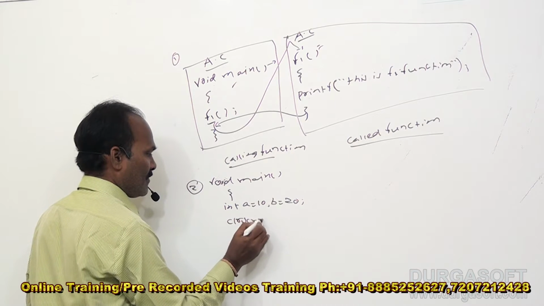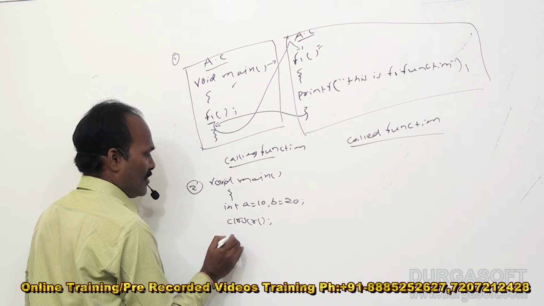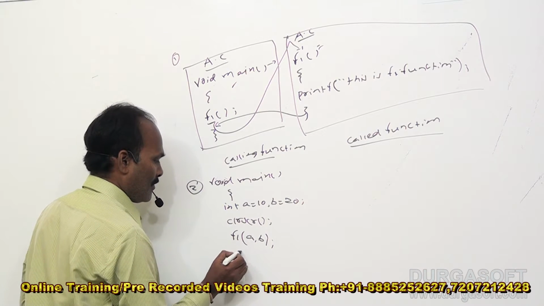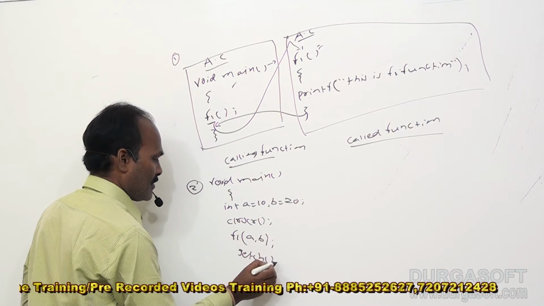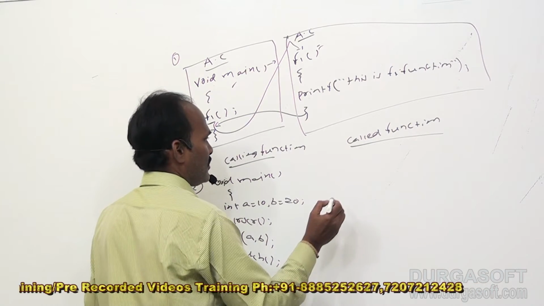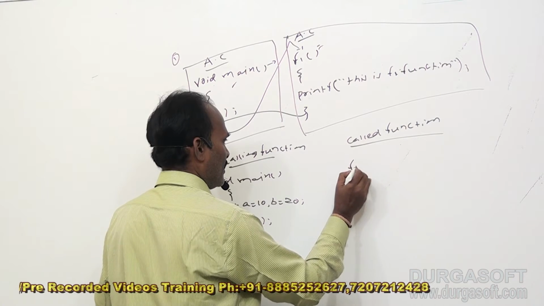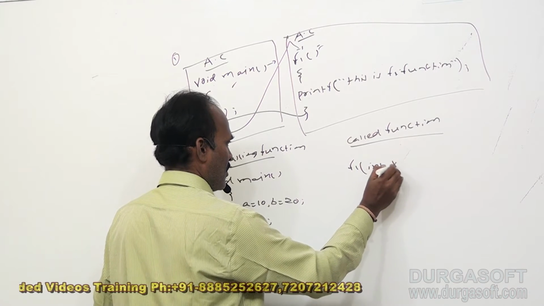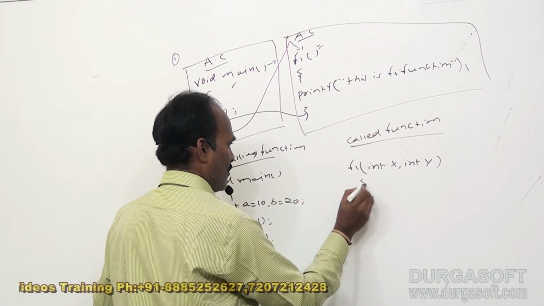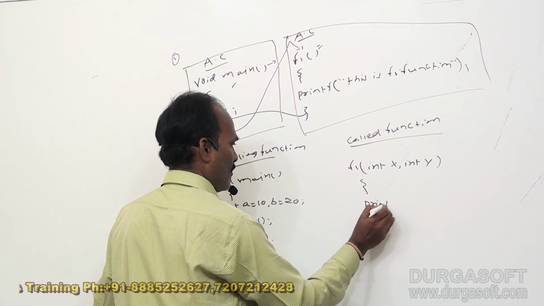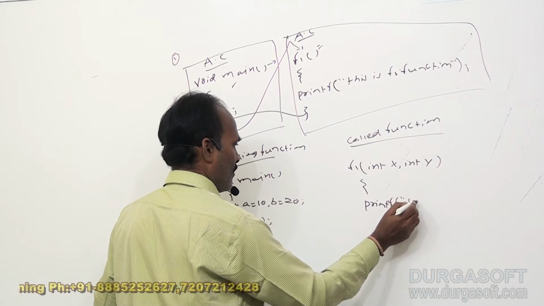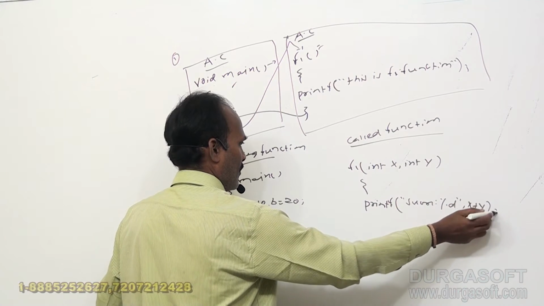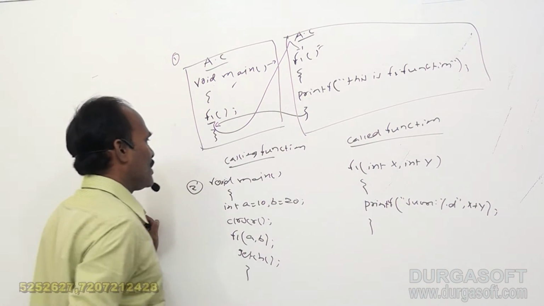Clear screen, then call F1 with a comma b, and get the character. Then F1. Just look at these two examples.